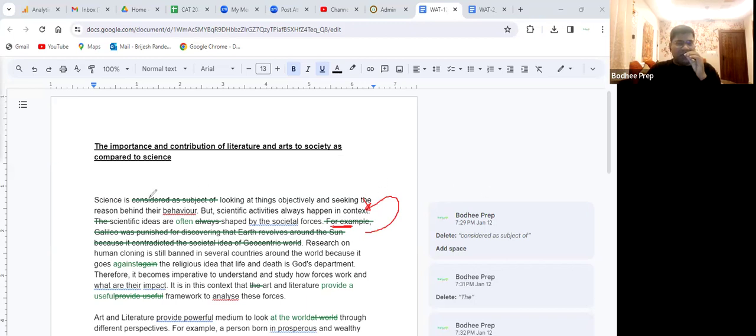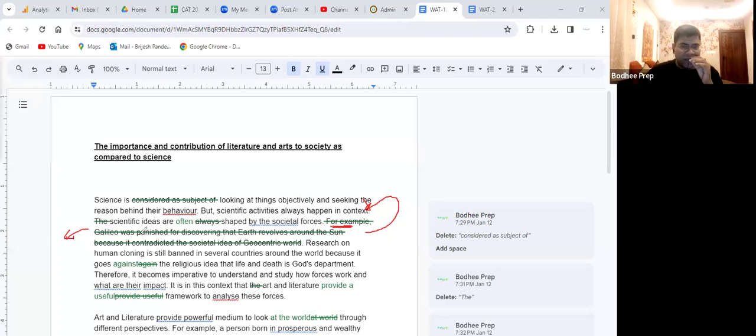Instead, when you say that scientific ideas are shaped by societal forces, you should have given an example in which a scientific idea was shaped by societal forces. Here you say that Galileo was punished for discovering that Earth revolves around the sun. So the scientific idea has been undermined rather than shaped.